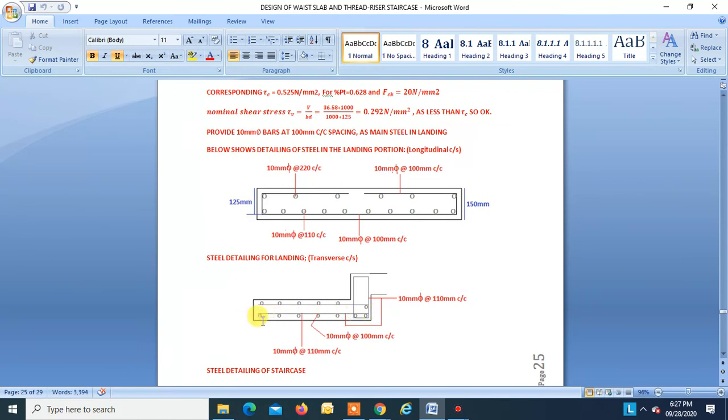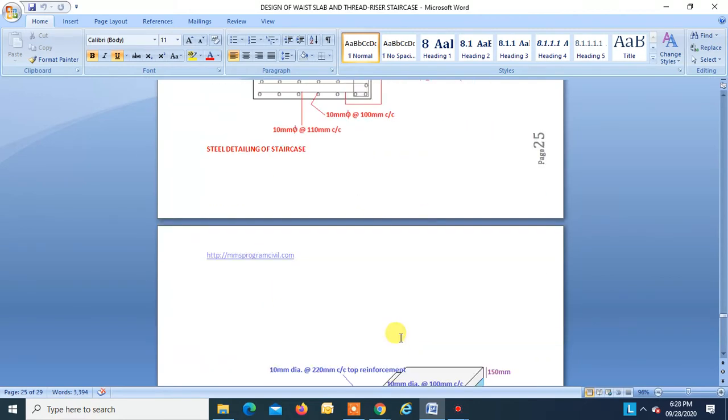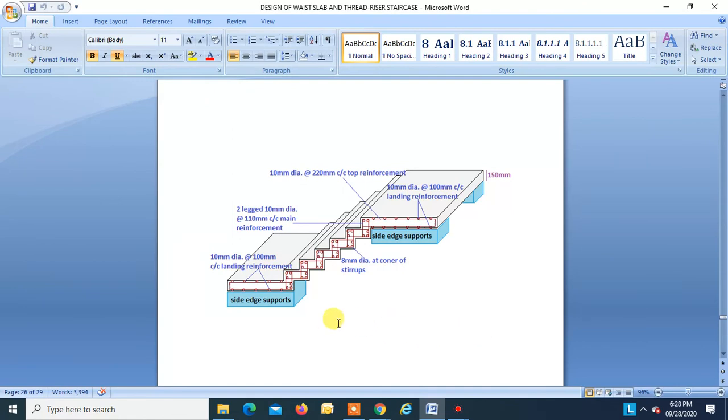So these round bars are the main steel of landing, and these straight bars are the main steel coming from the flight. That is 10 mm dia at 110 mm center to center, and spacing for landing is 10 mm at 100 mm center to center. Okay, so this is how you can draw a complete detailed section of the design.